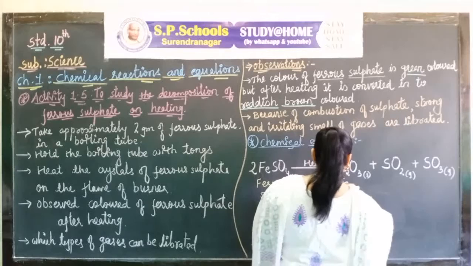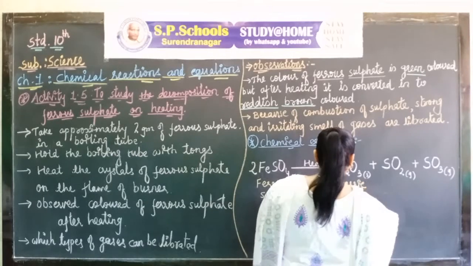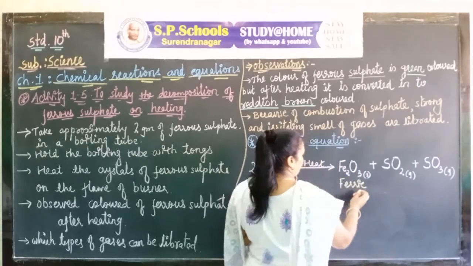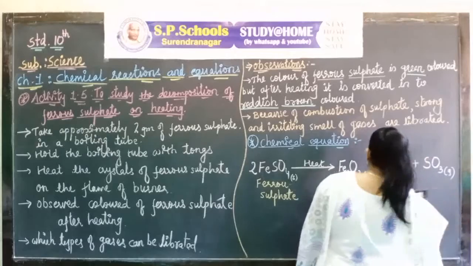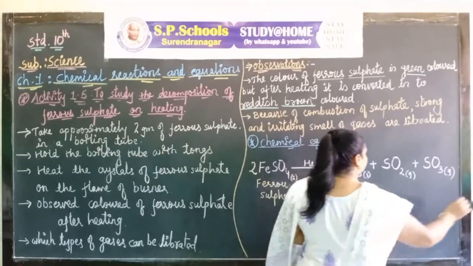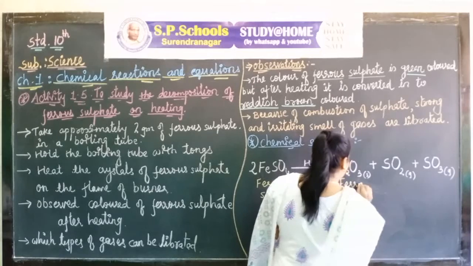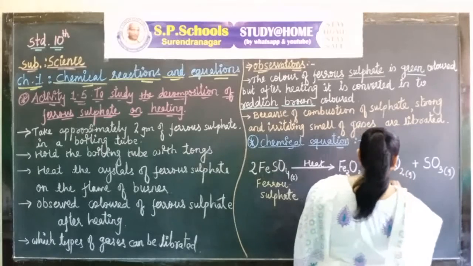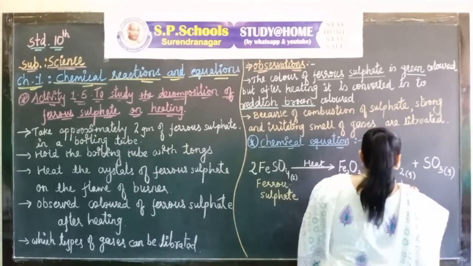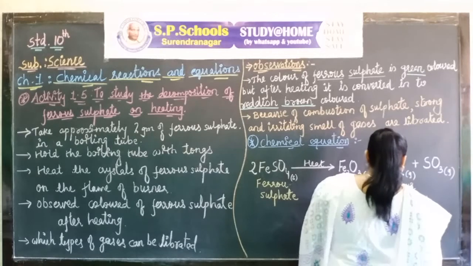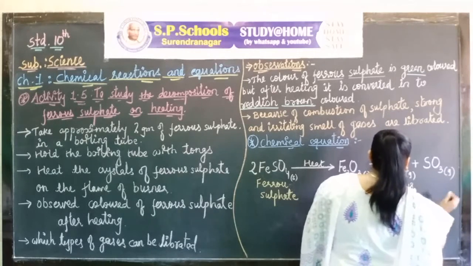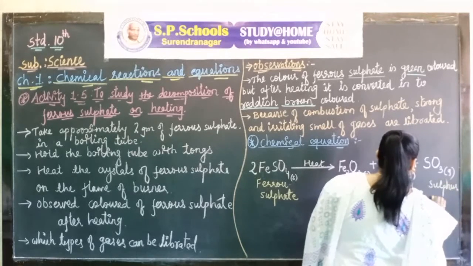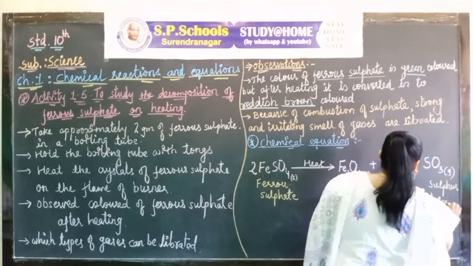Fe2O3, ferric oxide. This is sulfur dioxide, sulfur trioxide.